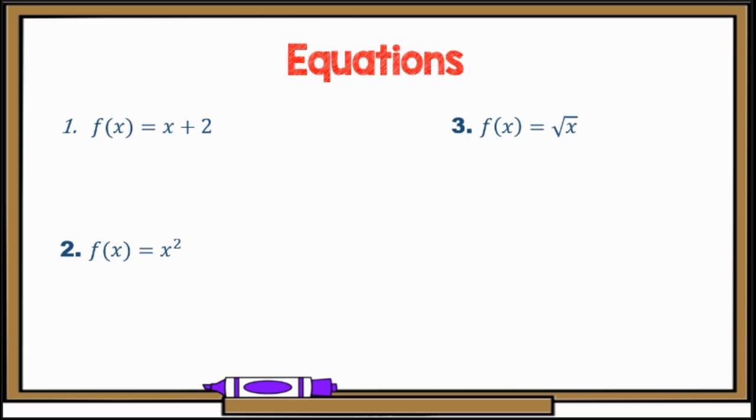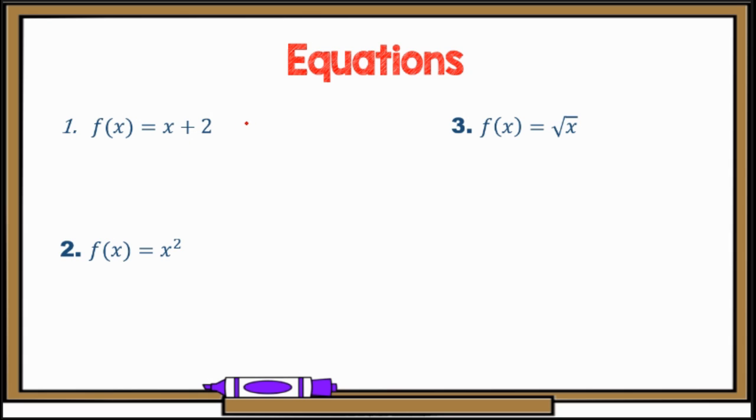Alright, that was good. Now let's look at the following equations. Let's start with number 1. Say for example, you are given f of x is equal to x plus 2. Let's evaluate the function at some points.